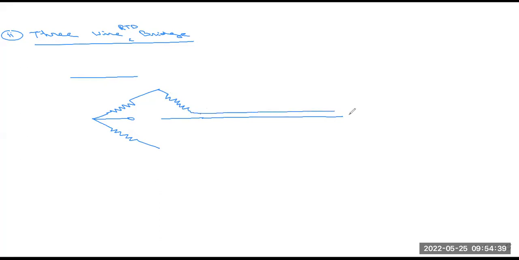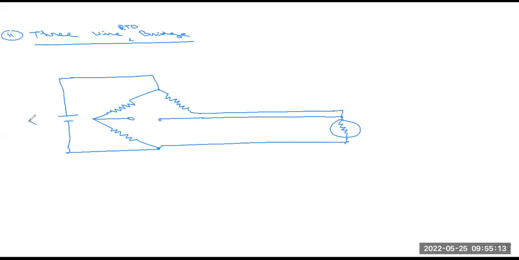This is the pattern, and here the RTD type of resistance material you have to attach. These two are connected from here, another one is connected to this one, and here also is connected a voltage source, positive and negative.